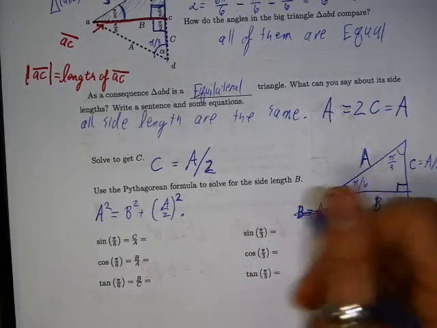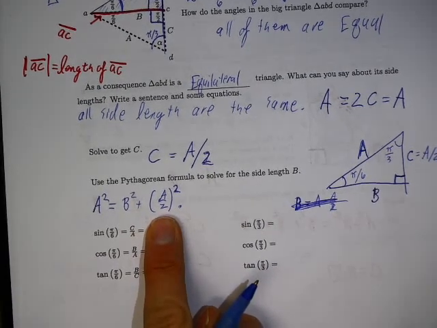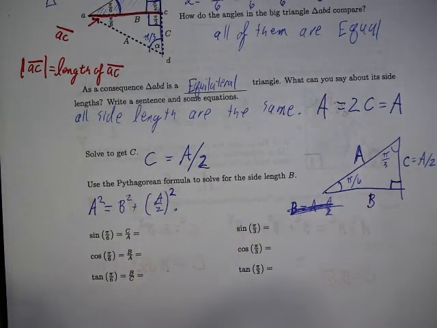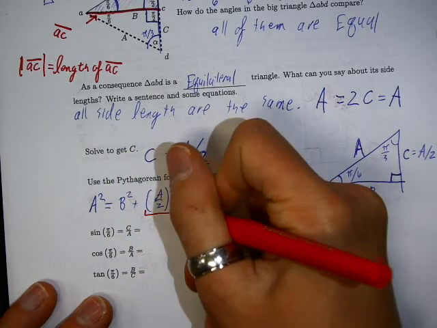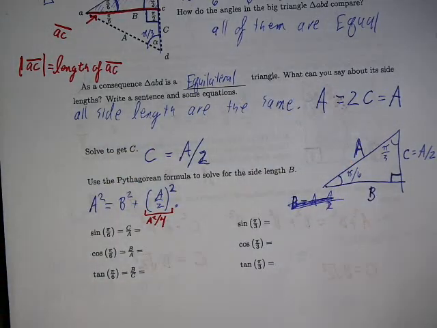So let's go through and do it. Let's expand out that A over 2. What is A over 2 quantity squared? A squared over 4. So this piece is A squared over 4. So let's subtract A squared over 4 to the other side.